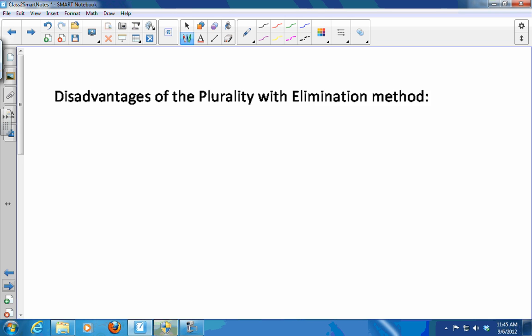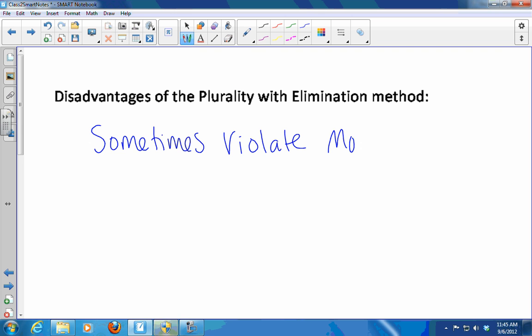So that's the big disadvantage of plurality with elimination. It can sometimes violate the monotonicity criterion. Yeah. In order to win again, yeah.